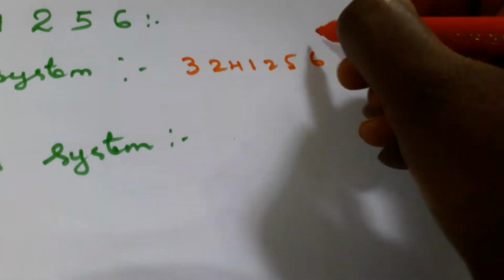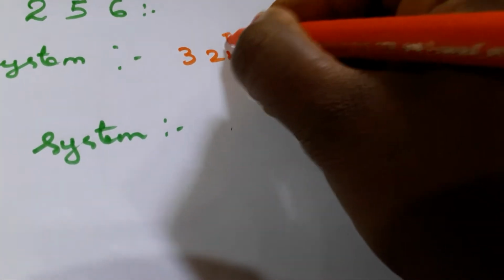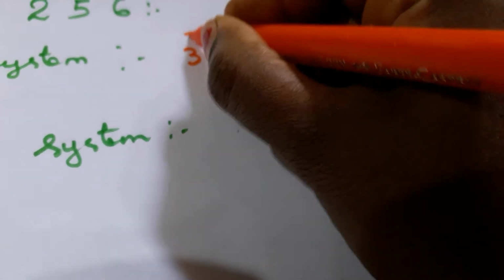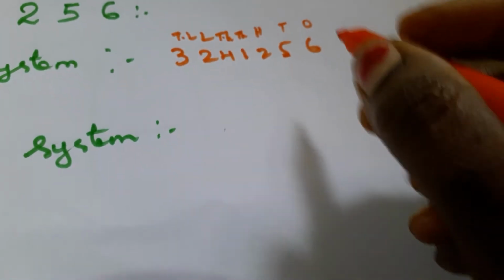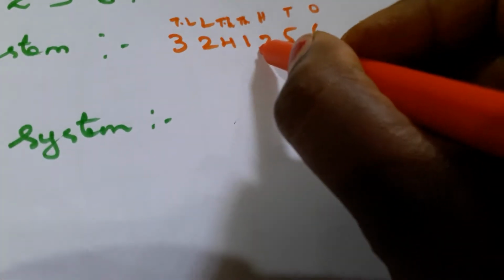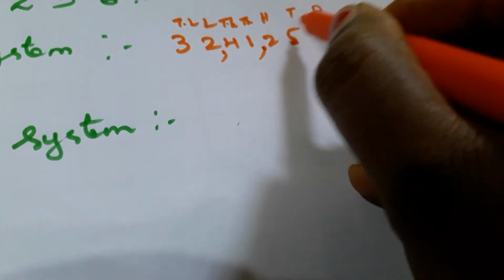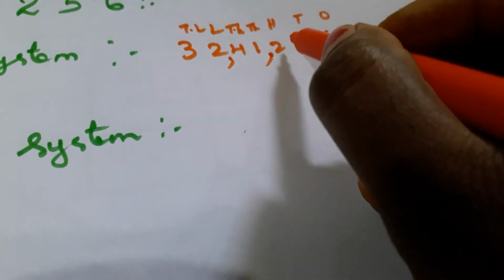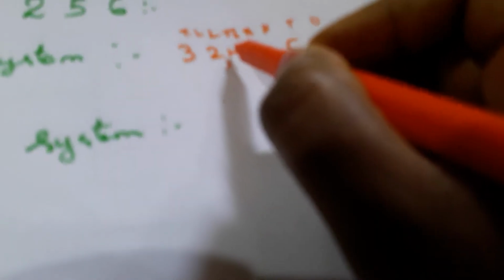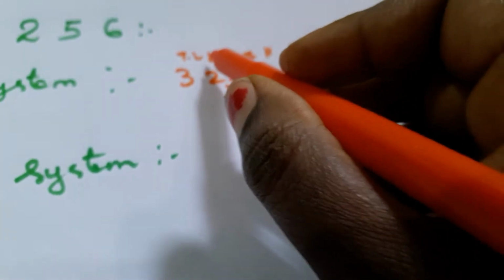First I should write the place values: ones, tens, 100, thousand, 10,000, lakh, 10 lakh. After that I have to place commas. In the Indian system I place a comma first for 3 digits and then for 2 digits, because ones, tens, 100 belong to the ones period, thousand, 10,000 belong to the thousands period, lakh and 10 lakh belong to my lakhs period.